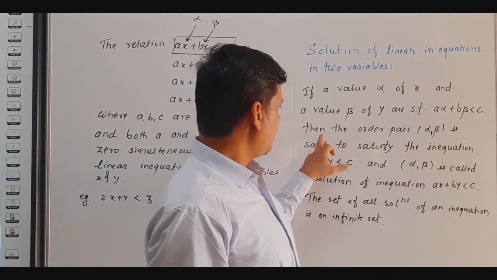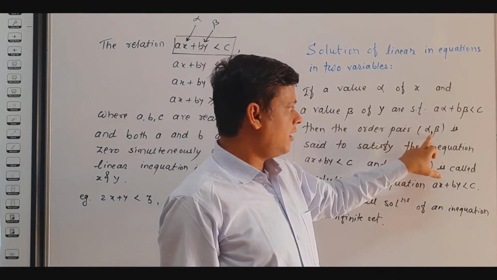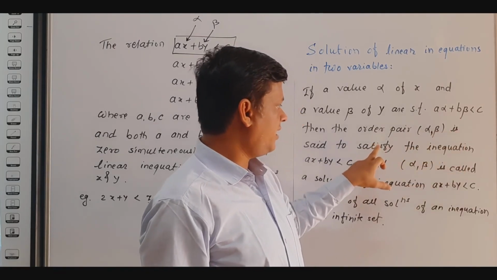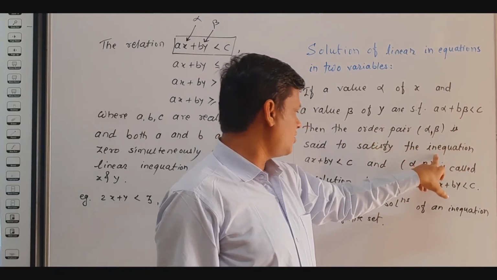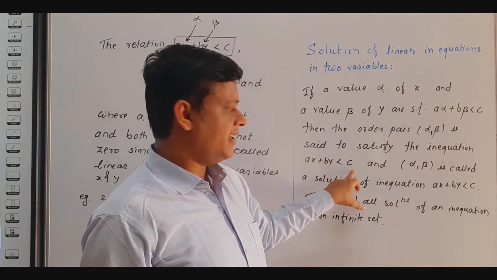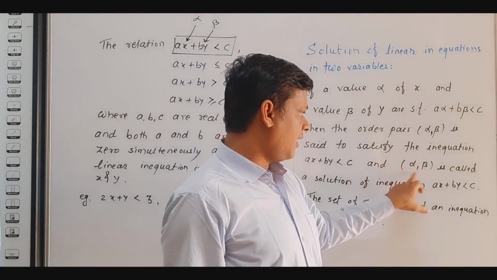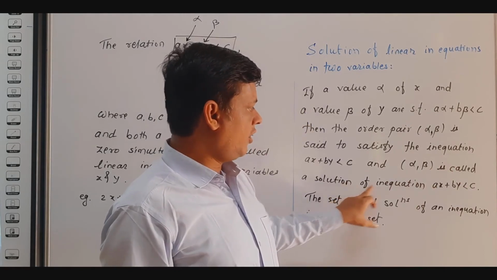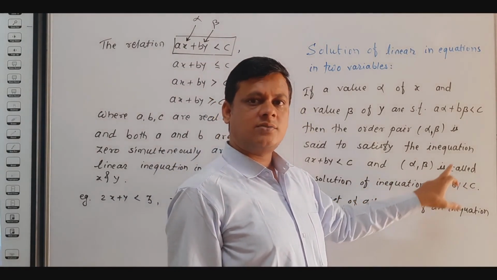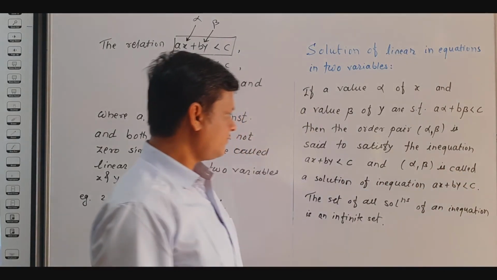So the ordered pair alpha beta is said to satisfy the inequation ax plus by less than c, and alpha beta is called a solution of the inequation ax plus by less than c.